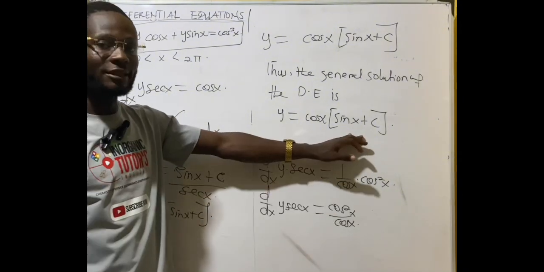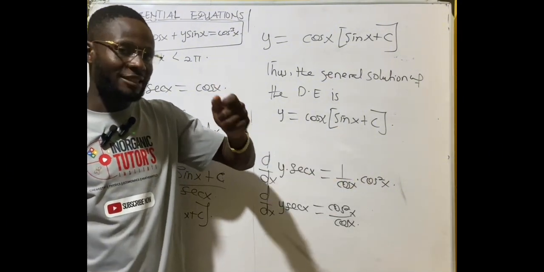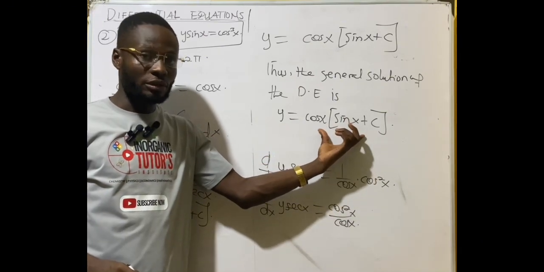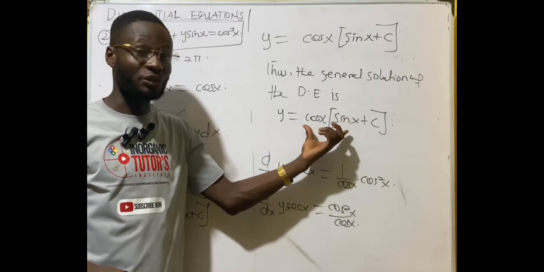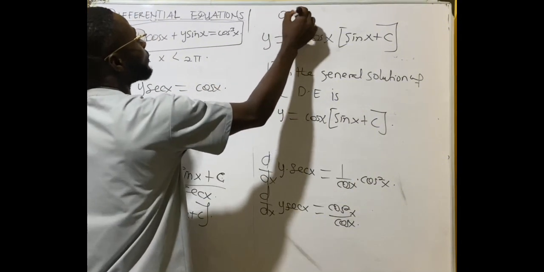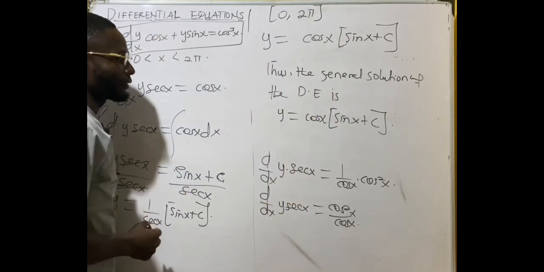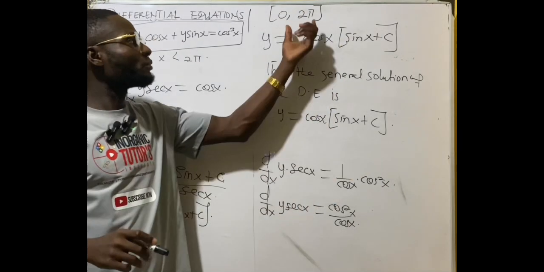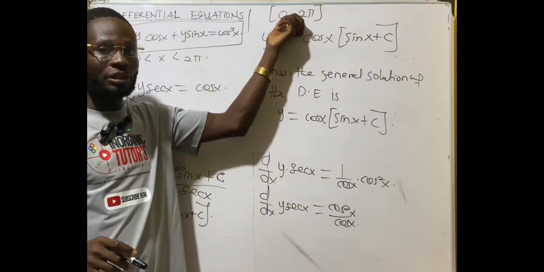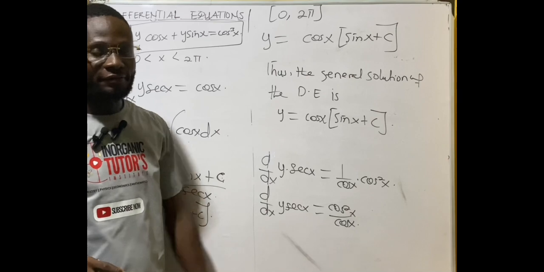Okay, so this is the end of the problem, but we are asked that we should sketch this solution. The result that we have, we should sketch it under this range 0 to 2 pi, right? So we have to basically get the values within this range, then use them to sketch the graph.